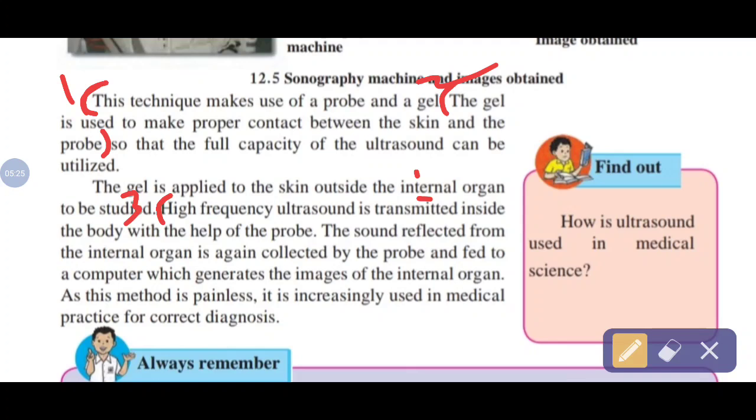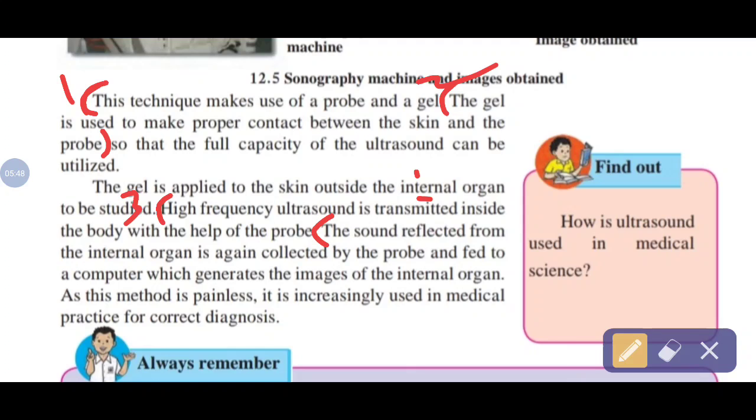Now the third point. High frequency ultrasound is transmitted inside the body with the help of the probe. This is the third point.